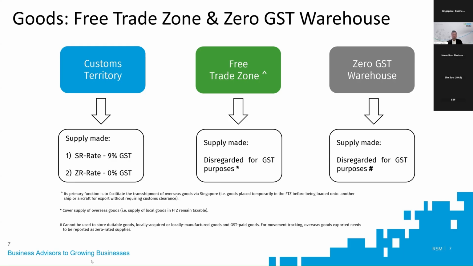Okay, and I thought it's also good for me to answer one of the questions that has been raised as regards supply of goods that occurs within the free trade zone or bonded warehouse, assuming if the overseas goods are imported into free trade zone or zero GST warehouse, and we can prove that the transaction, including the title risk and ownership of the goods, are transferred within the two mentioned areas that we discussed earlier, that would be disregarded for GST purposes. Okay, so I hope that helps.